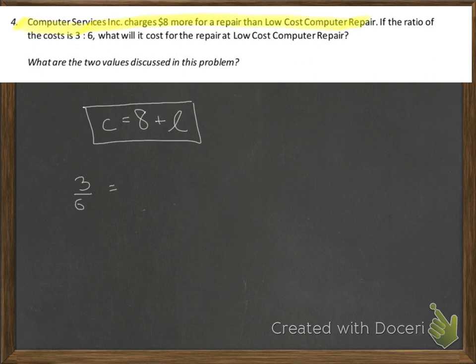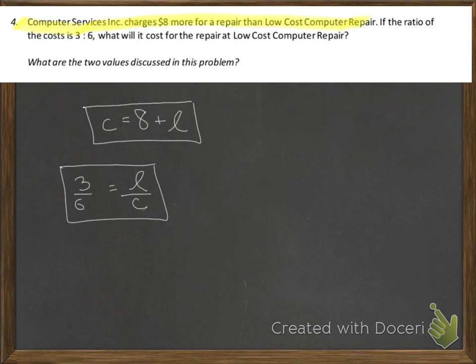So therefore, the L has to be the smaller one, and C has to be the larger one. So this has to be true. It doesn't make sense that the larger number over the smaller number would be equal to the smaller number over the larger number. It's not going to work. And if you don't believe me, you can try it and prove it to yourself.